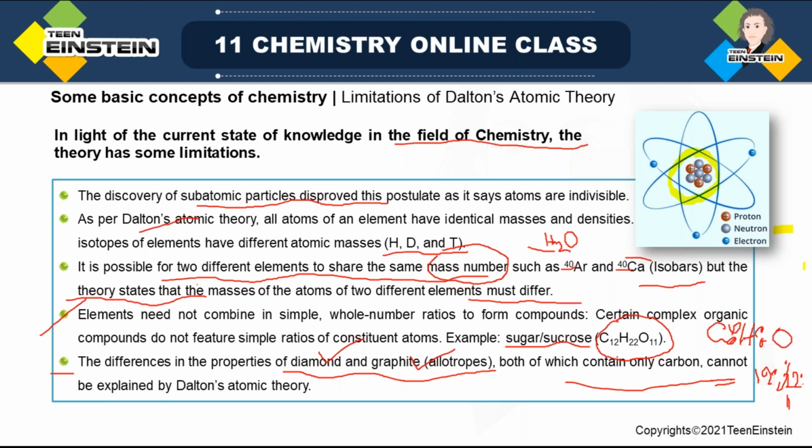And the electrons revolve around this nucleus, they are in blue color. But according to Dalton's theory, atom is indivisible. So these subatomic particles should not exist, but they actually exist. So it is not correct to say atoms are indivisible.